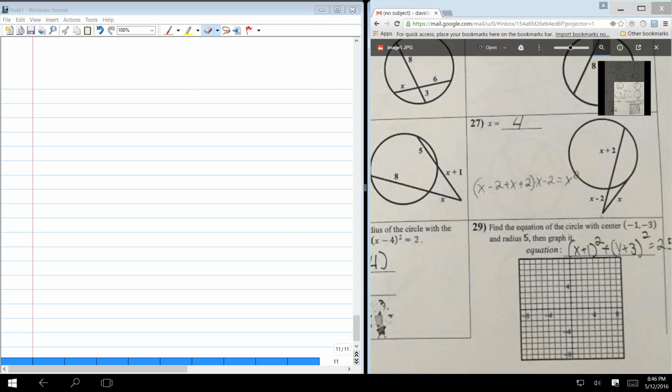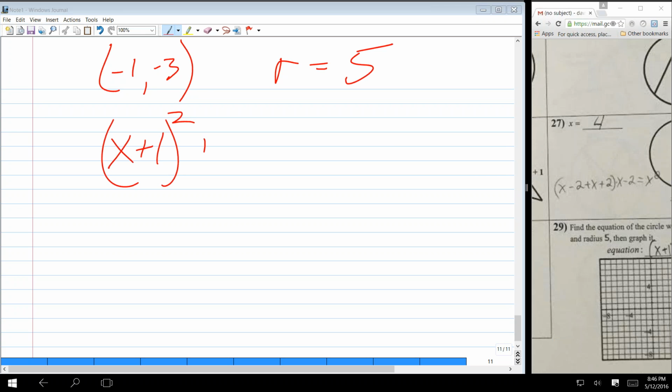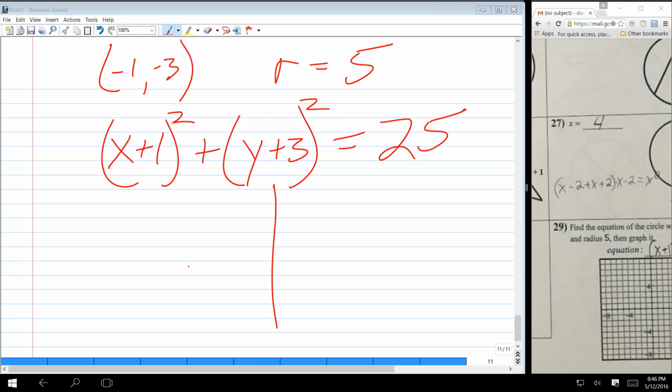The center is at -1, -3. The radius is 5. So let's come up with the equation first. It would be x plus 1 squared plus y plus 3 squared equals 25. Very good. Now, to graph that, where am I going to start?